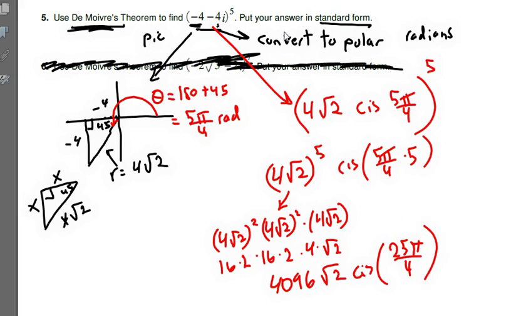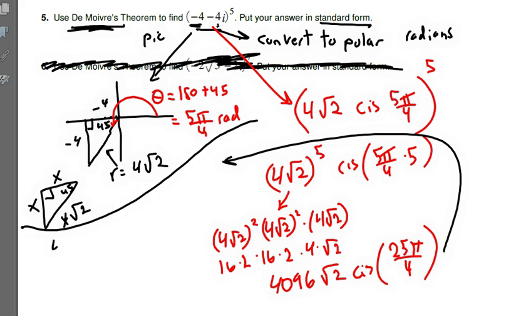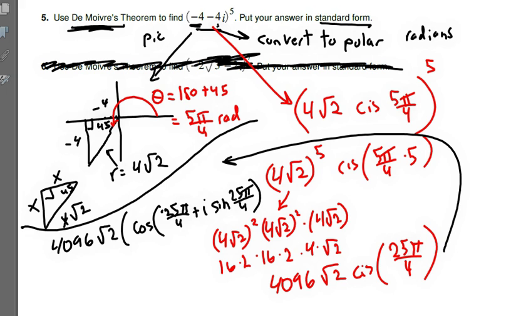Now, unfortunately, they want our answer in standard form, which is rectangular form. So we're going to need to expand this back out. So 4096 root 2 cosine 25 pi over 4 plus i sine 25 pi over 4.